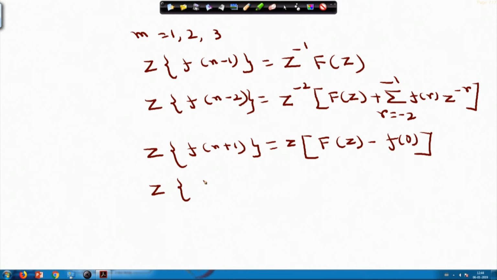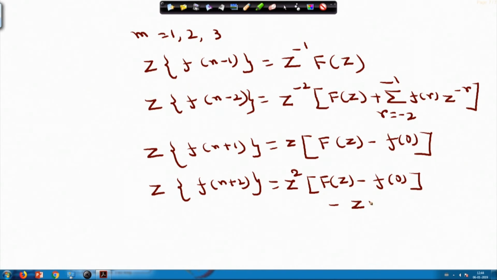and z transform of f of n plus 2, simply substituting in the earlier results, is z square into capital F of z minus f 0 minus z into f of 1. Please note that these particular formulas are very useful whenever we try to solve problems.